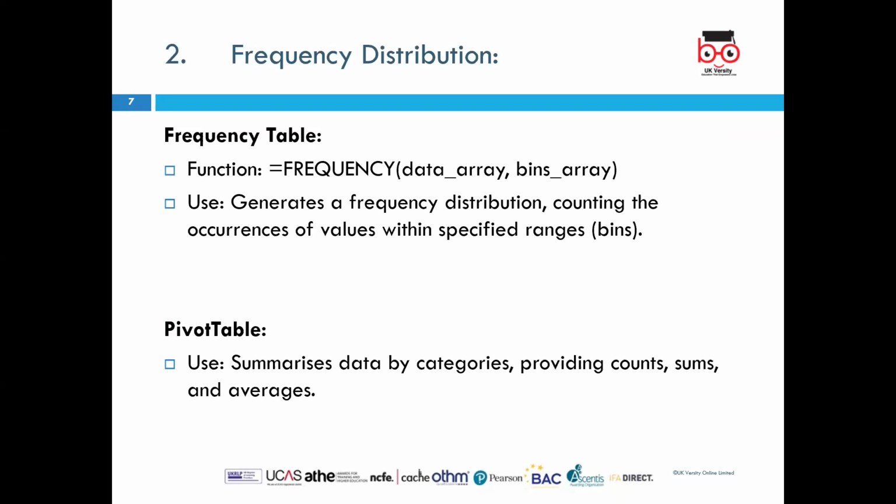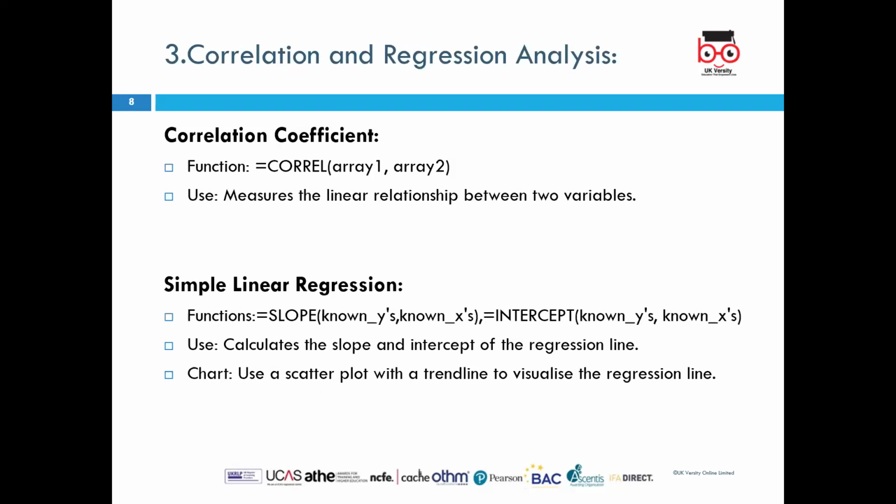When it comes to frequency distribution, this is going to generate a frequency distribution counting the occurrences of values within a specific range. Pivot table is going to summarize data by categorizing, providing counts, sums, and averages.